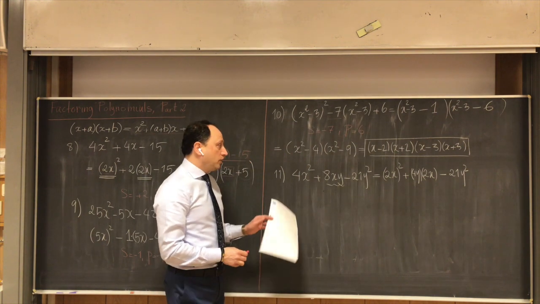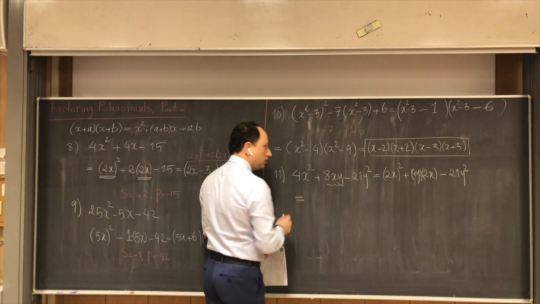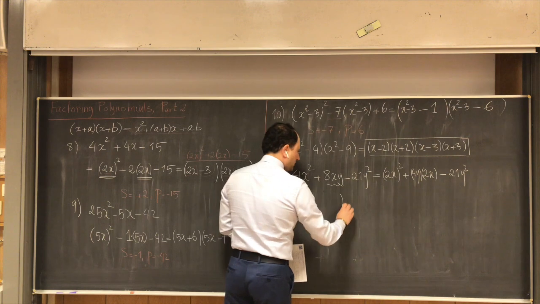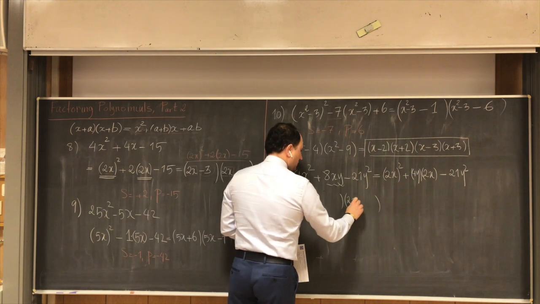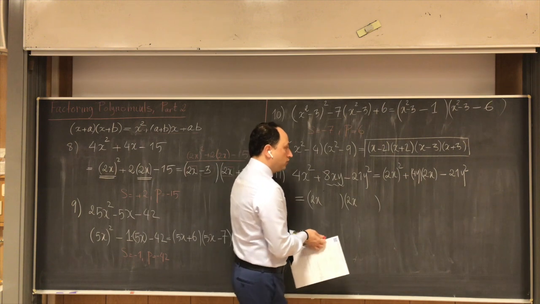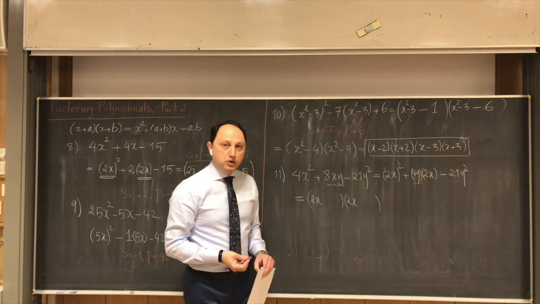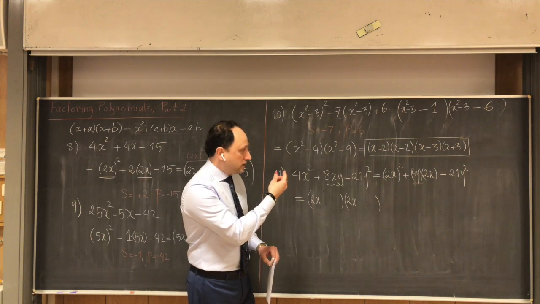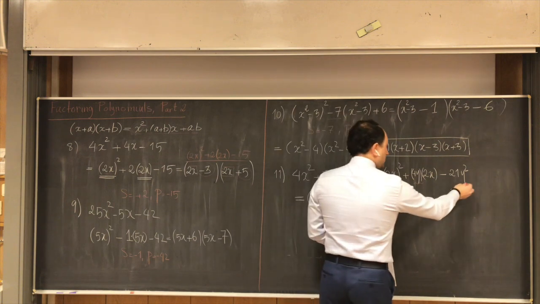If I want to use this again, then 2x will play the role of the common term. So I open 2 pairs of brackets, put 2x here, 2x there. But this time you see that what is sitting here is not a number, it is itself a monomial, an expression involving variables. And this one is also the same.